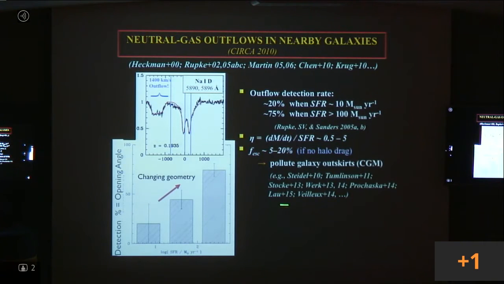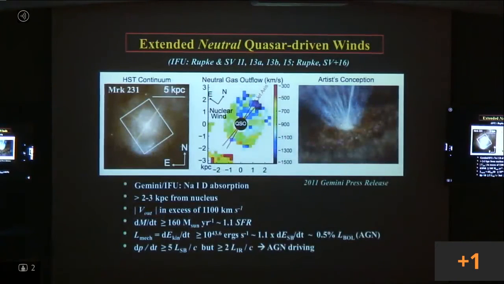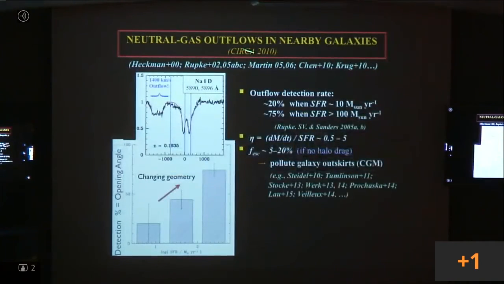I can't go into the detail, but we also now have very deep Chandra data of some of these objects, where we detect the highly ionized corona on scales of 100 kiloparsecs. And it contains a huge amount of oxygen. It's actually alpha element enriched. So this was circa 2010.